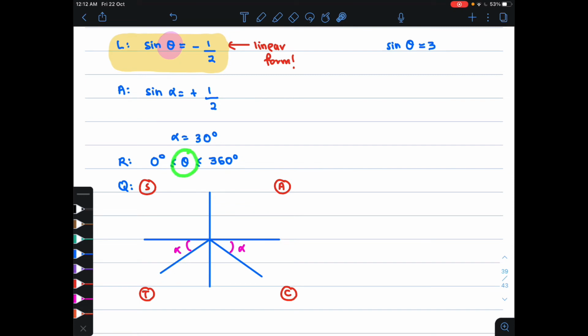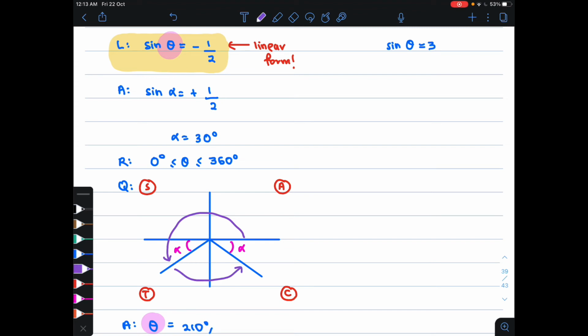Now, theta is between 0 and 360 means that it goes anti-clockwise, starting from 0 until 360 degrees. A is for answer. So here, the answer is for theta. So this is also theta. The first answer should be 180 plus alpha. And alpha is 30, therefore the first answer is 210.